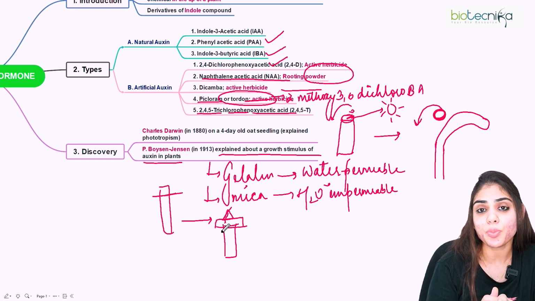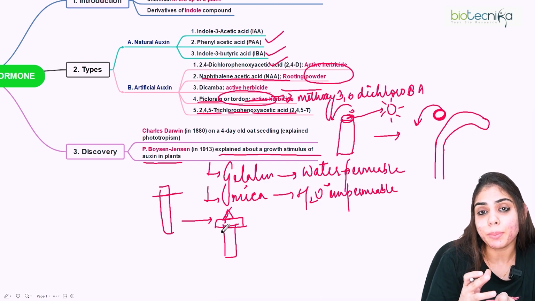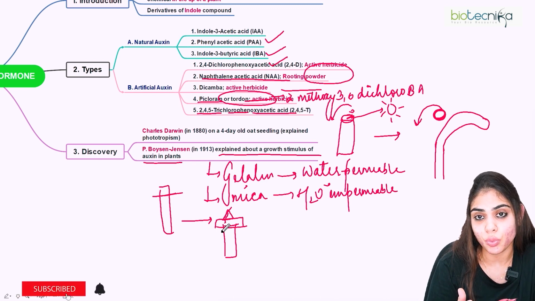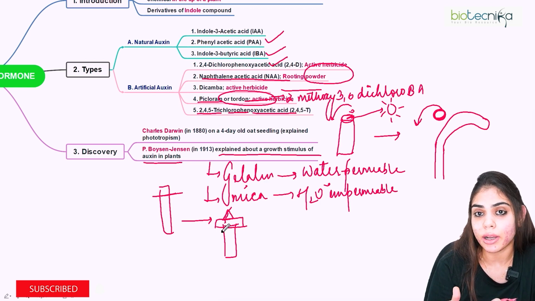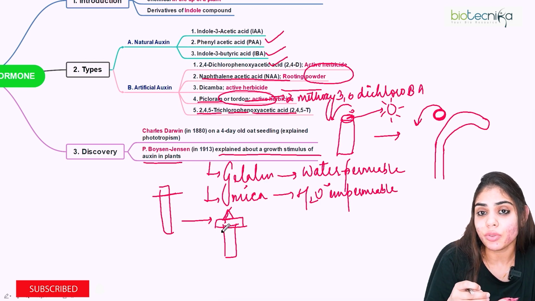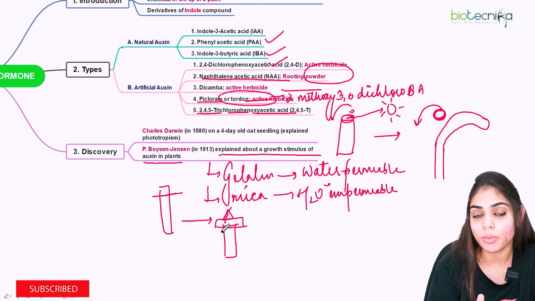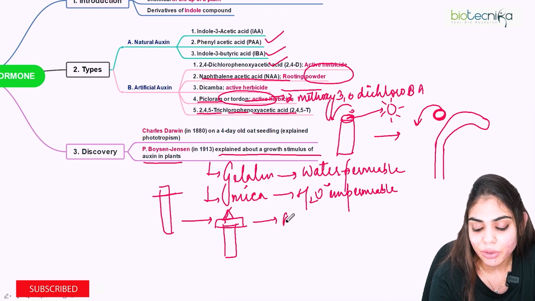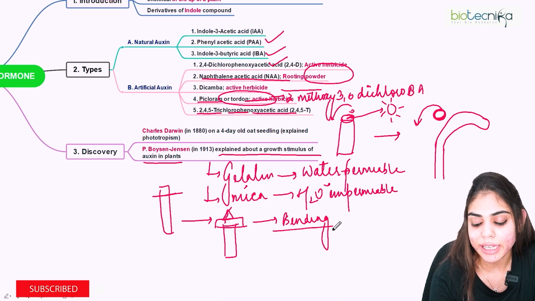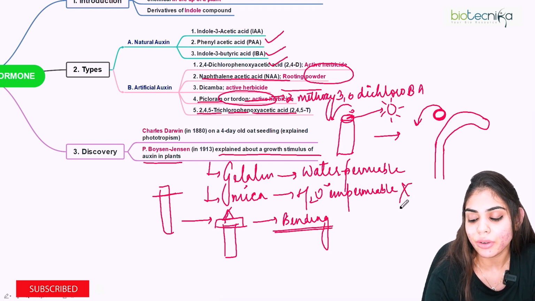So they proposed that if a water impermeable barrier is there, there will be no transmission of growth stimulus, whereas if we place any kind of gelatin or agar block, transmission will happen and there will be the phenomenon of phototropism, or the bending of the plant towards the light. Here bending was seen towards the light source, whereas in the case of mica, no bending was seen.